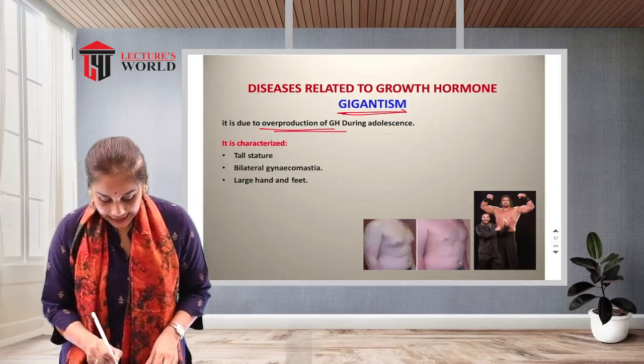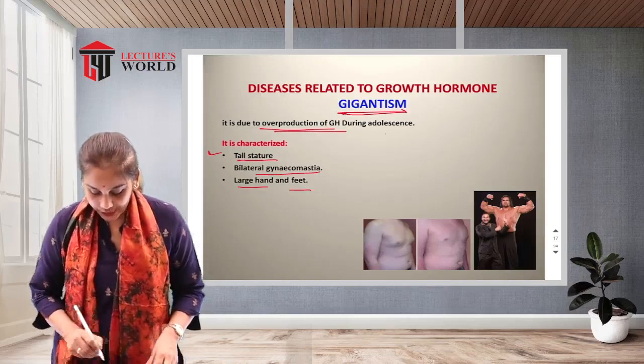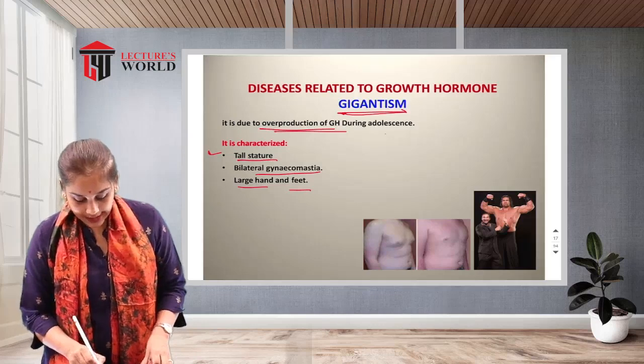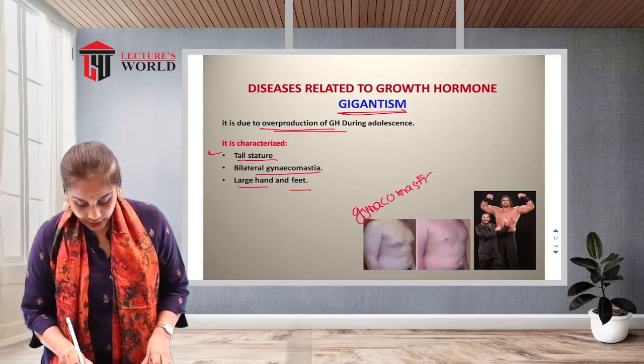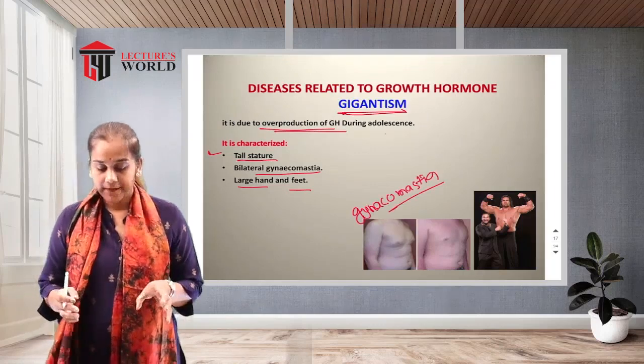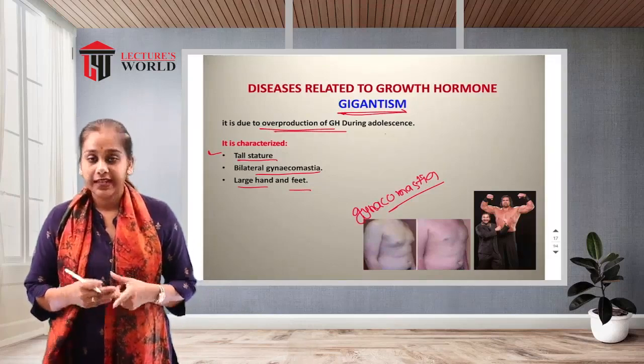It is characterized by a tall stature, then bilateral gynecomastia, then large hands and feet. See, this is an example of gynecomastia. What is gynecomastia? It is breast development in the male.